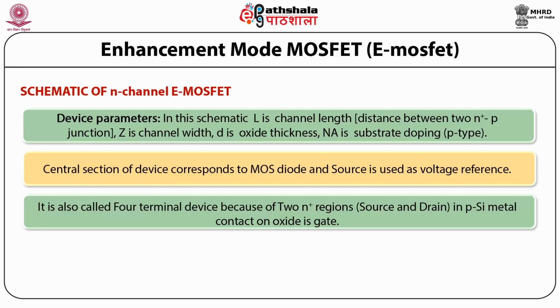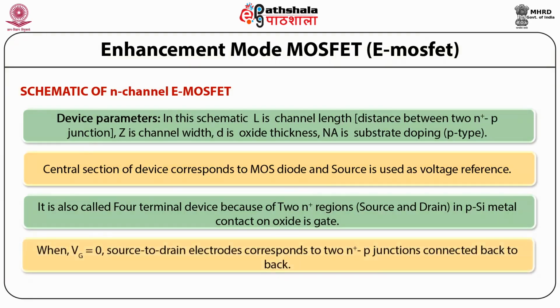Let us now discuss the case when some gate voltage Vg is applied. When Vg is 0, the source to drain electrodes correspond to two N+ P junctions connected back to back. So the only current that can flow from drain to source is the reverse leakage current.